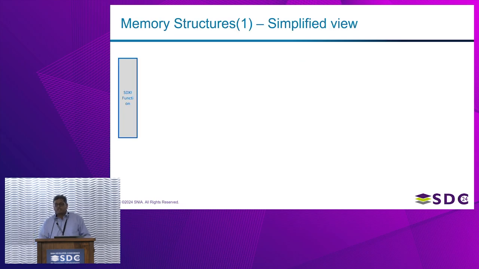So to give a quick simplified structures view on how this actually works, an implementation of an SDXI starts with what we call a function. A function can be a hardware function. It could be a software emulated function as well. But if you really want the performance improvements that you need, you would want to implement it in hardware. And this doesn't have to be a PCIe function.